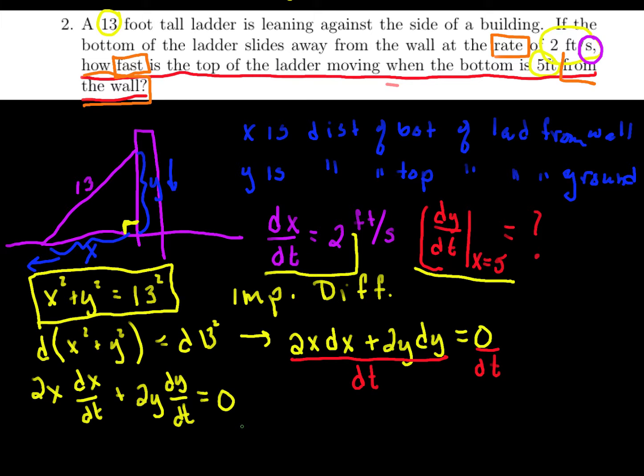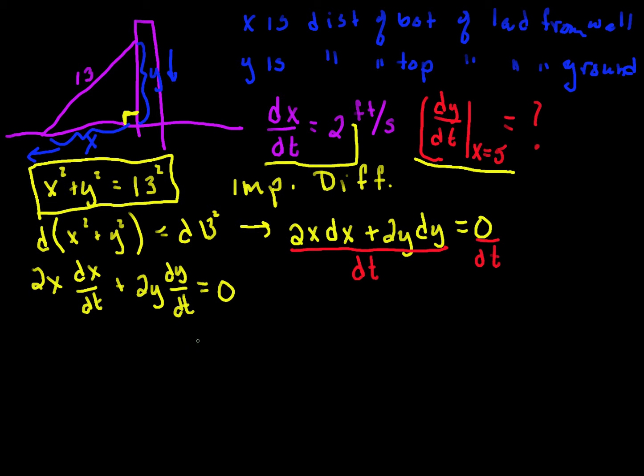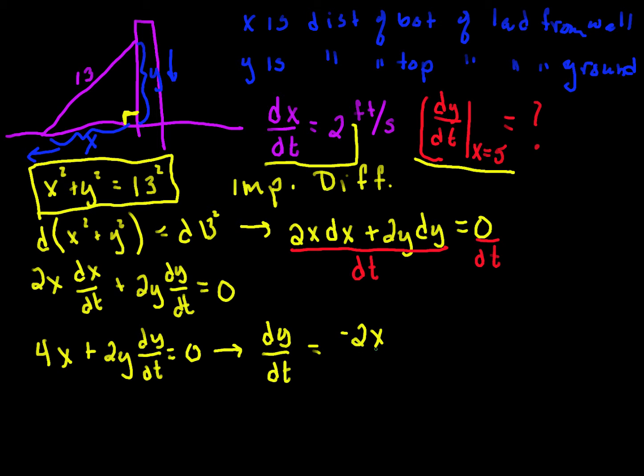So this tells me that 2 times 2, so 4x, plus 2y dy/dt is 0. And then solving for dy/dt will be equal to negative 2x divided by y. So there's dy/dt.